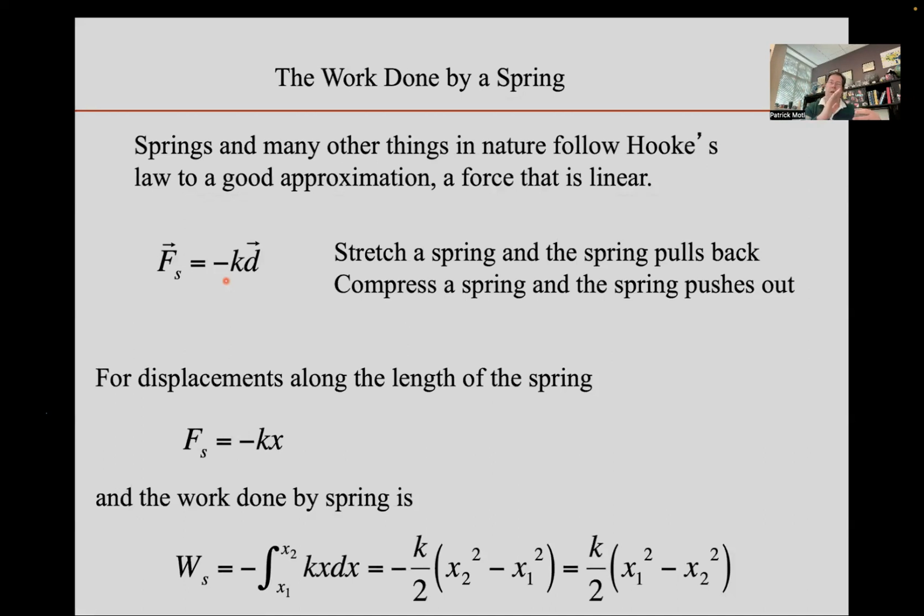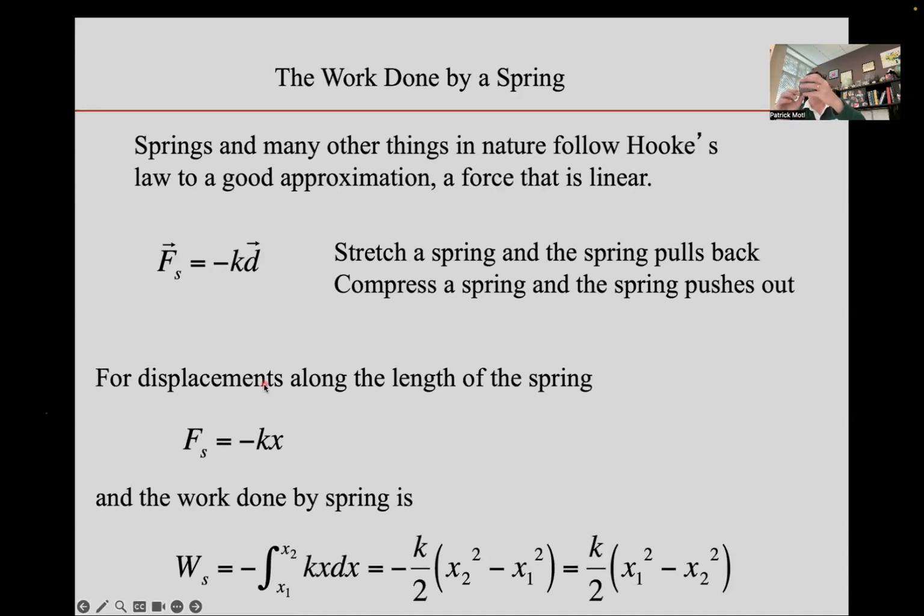If I push a spring in, it's going to try to expand back out. So relative to whatever the equilibrium length of the spring was, the force exerted by the spring is opposite the direction of the displacement. Don't get hung up on the minus sign. It's not that big a deal. It's just there to remind us how a spring is going to behave.